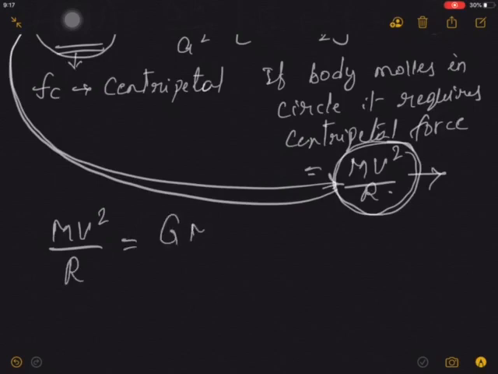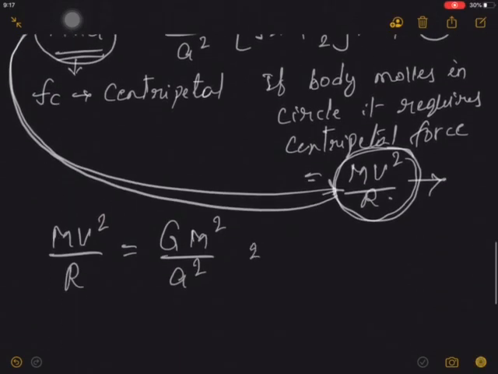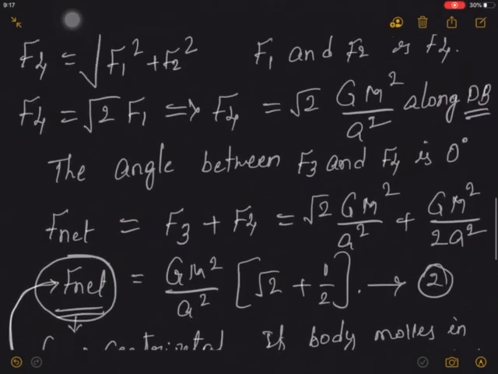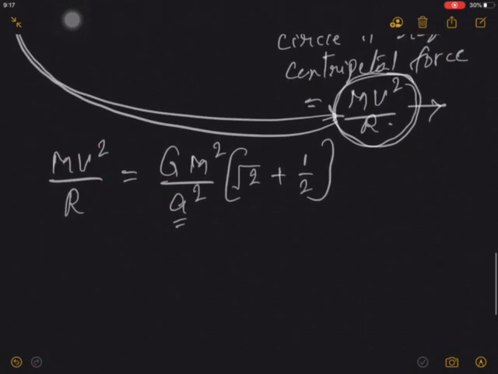So we can write mv square by r is equal to G M square by a square into (root 2 plus 1 by 2). But the answer must be in terms of r. That's why the value of a should be eliminated, where a is equal to root 2 r. Right here m square, m get cancelled.